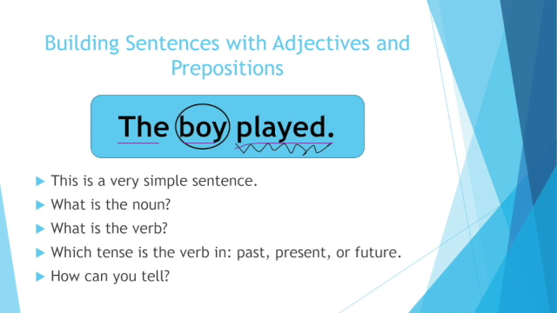There's a big clue here. Past, present, or future? Very good. This is in past tense. How can you tell? I hope you remember. You can tell because played has that ed on the end. That's our big clue. When you see ed on the end of words, you know it has happened in the past.